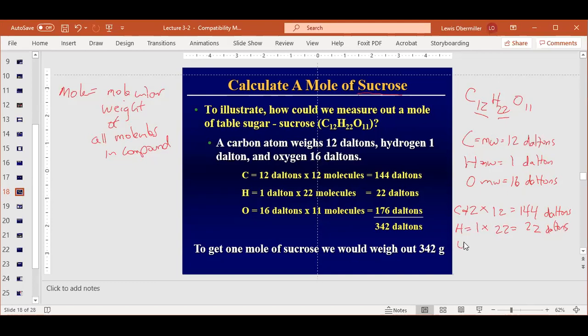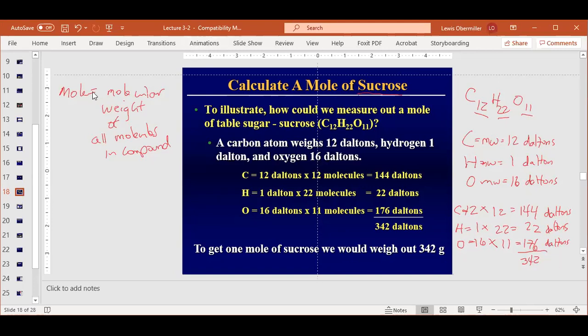And then oxygen's molecular weight is 16, and we multiply that by 11 oxygens because there's 11 in it, and that gives us 176 Daltons. And if we add this all up, we get 342 Daltons.